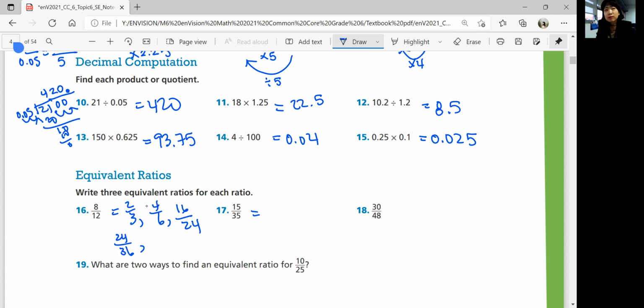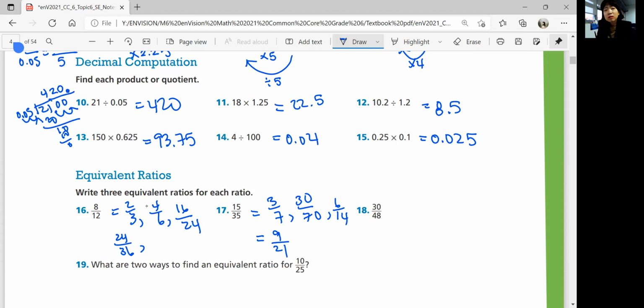So 15 over 35, if you divide both of them by 5, you get 3 over 7. Or if you multiply both of them by 2, you get 30 over 70. If you multiply 3 over 7 by 2, then you get 6 over 14. Okay? If you multiply 3 over 7 by 3, you get 9 over 21.